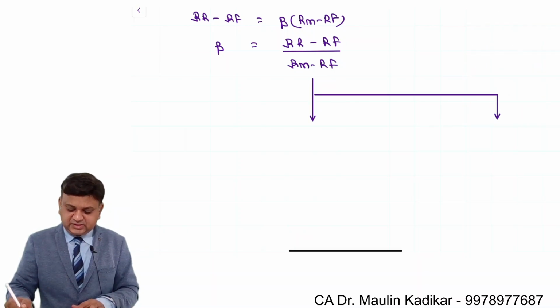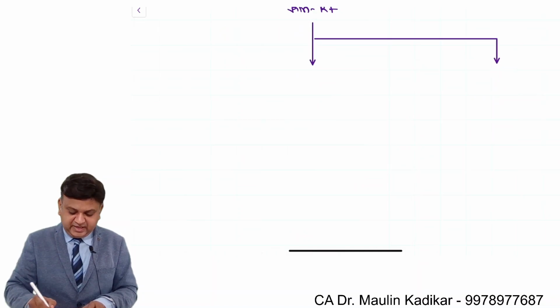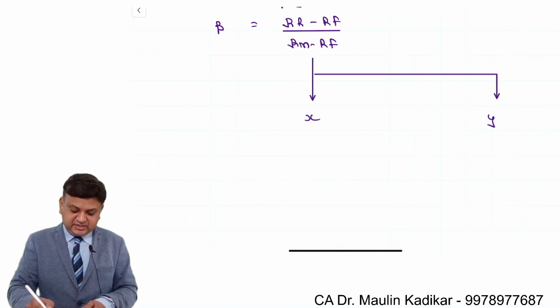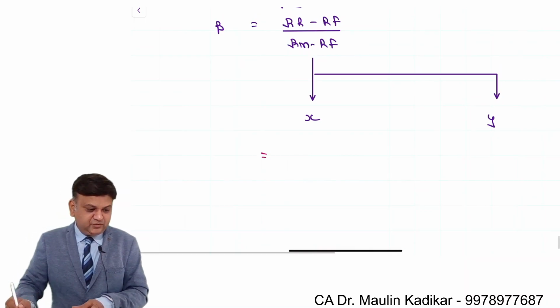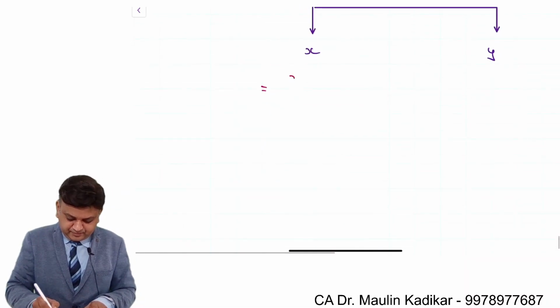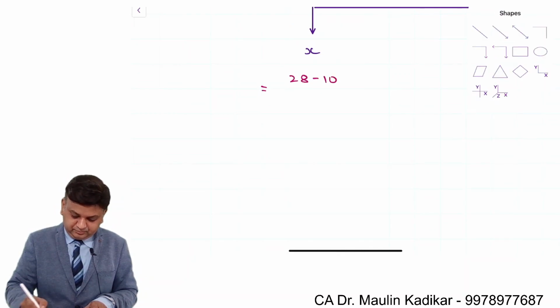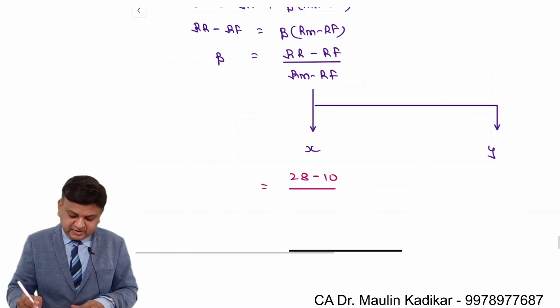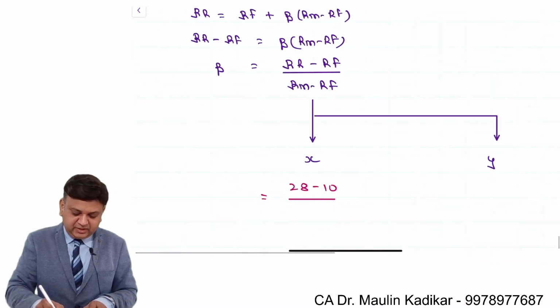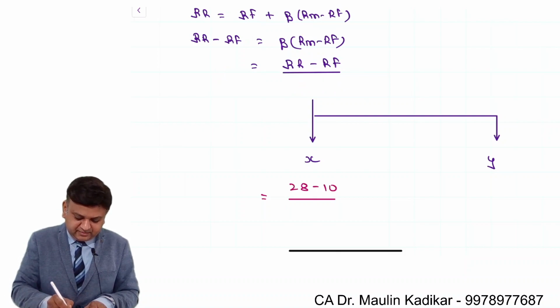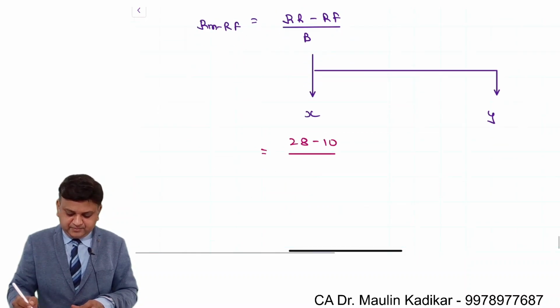We understand, dear students, that for both the securities, for security X and for security Y, we can work out the answer like this. The required rate of return is 28, RF is 10, divided by, okay, we have to calculate the RM minus RF. So I keep RM minus RF on the left hand side and beta in the denominator.